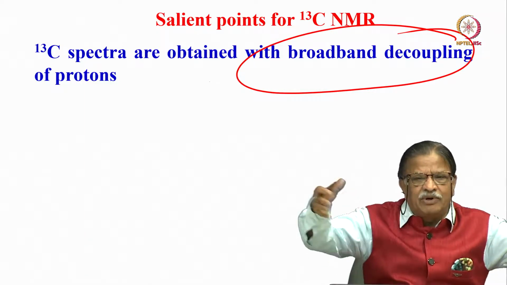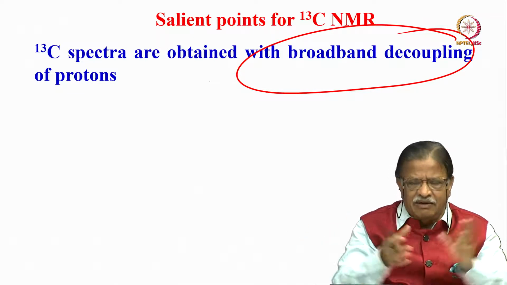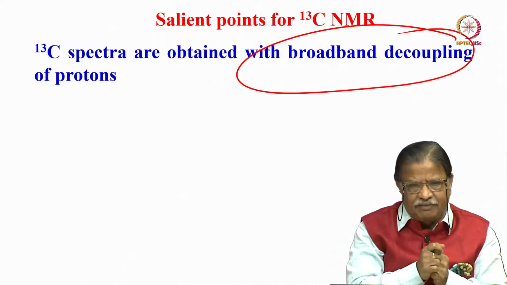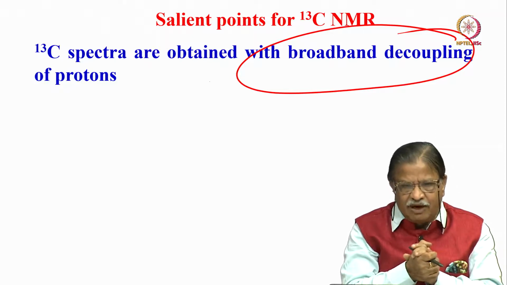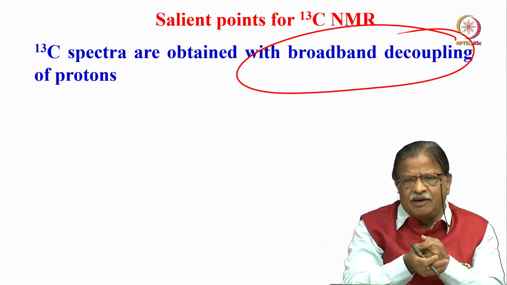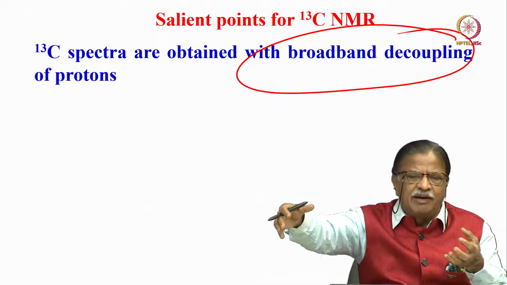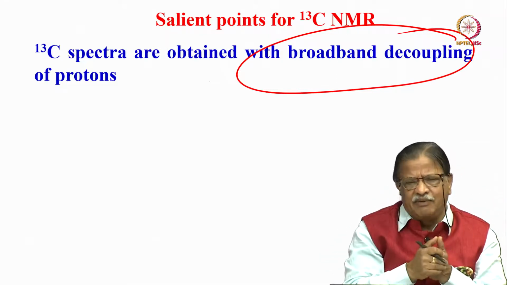Each carbon may be coupled to n number of different protons which are chemically inequivalent, and some equivalent groups present elsewhere in the molecule. But that will give rise to complexity. If a carbon is a CH3 carbon, it will become a quartet. If it is coupled to another CH2 proton, then it will become a quartet of triplets. All those complexities will come.